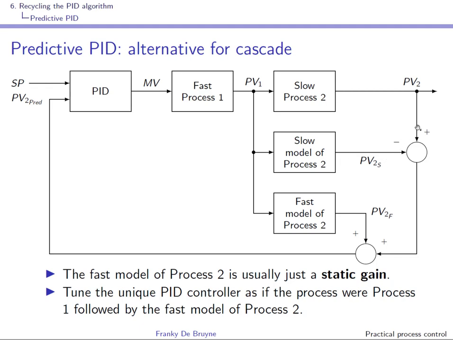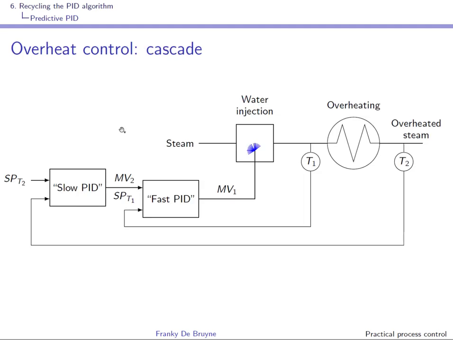So what we do is compare PV2 with PV2 slow, compute the model error, and this model error is added on top of the fast PV2 to obtain a PV2 predicted.